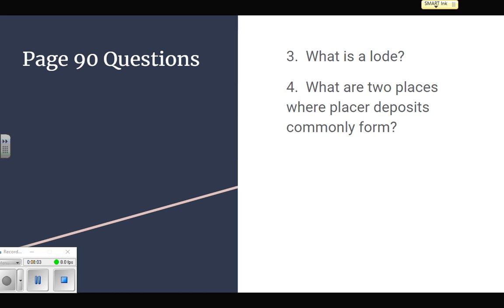Again, your answer should be many thick hydrothermal veins that may form in one place.